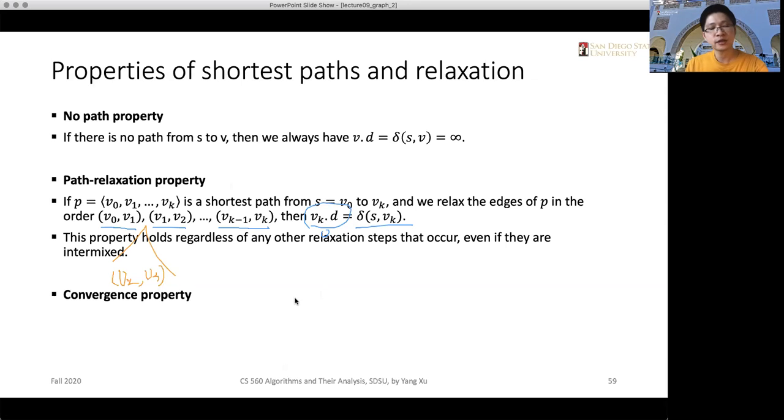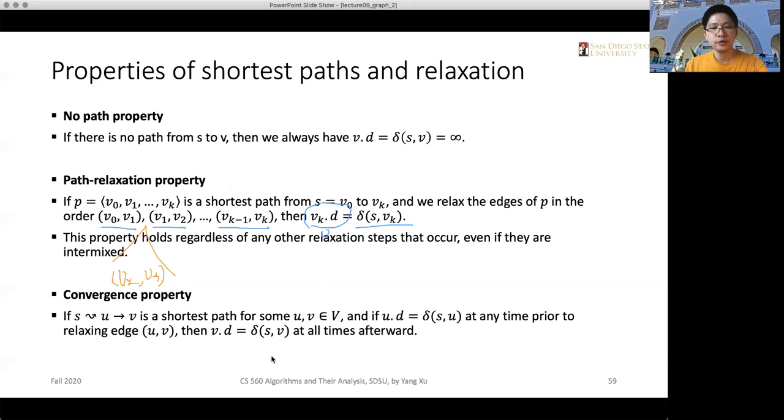And the convergence property says that if S to U and U to V is the shortest path, and the estimate U dot d equals delta at any time prior to relaxing edge U to V, then v dot d will equal the theoretical minimum value at all times afterward.